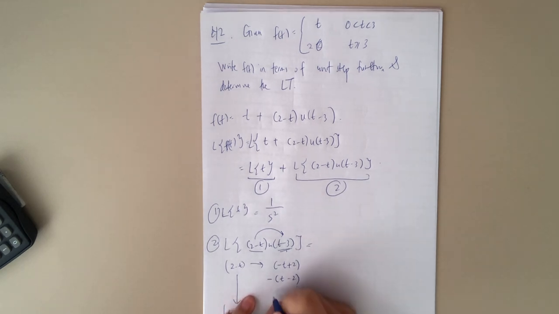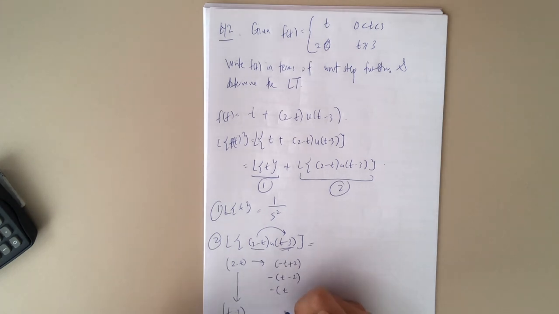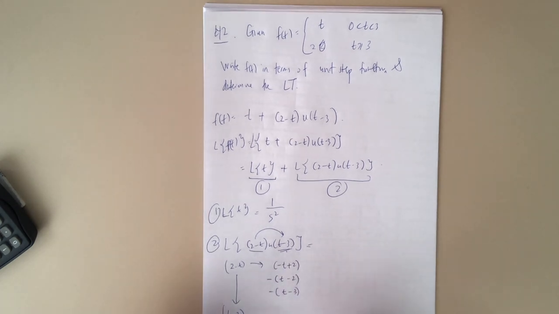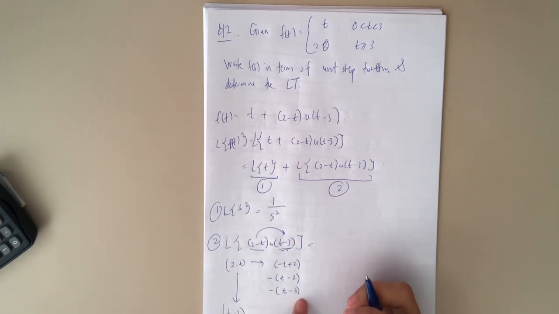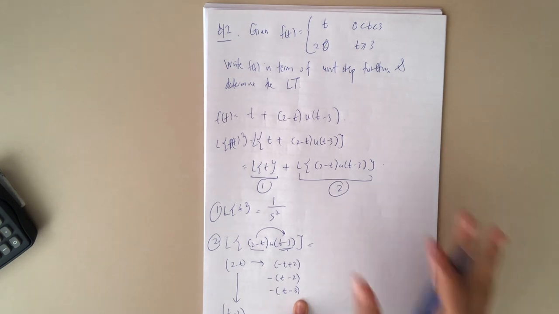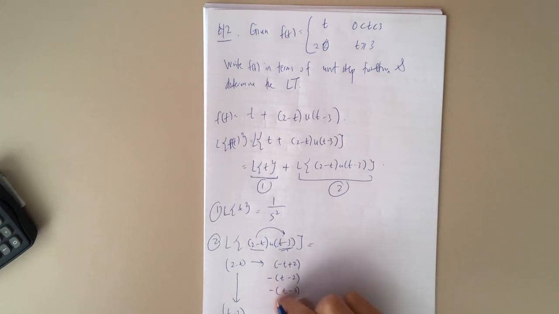Then, our objective is to get t minus 3, so I write t minus 3 first here, and hold the 2 first.